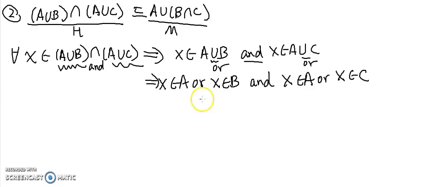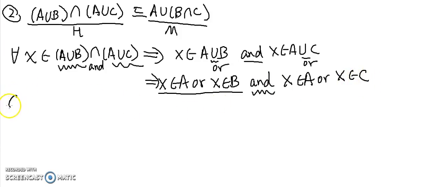Now we take a look at here. In the first condition, we know X is in A or X is in B. Let's just focus on the first condition. Notice that this is not an or, so we shouldn't actually consider X in C as a third case.